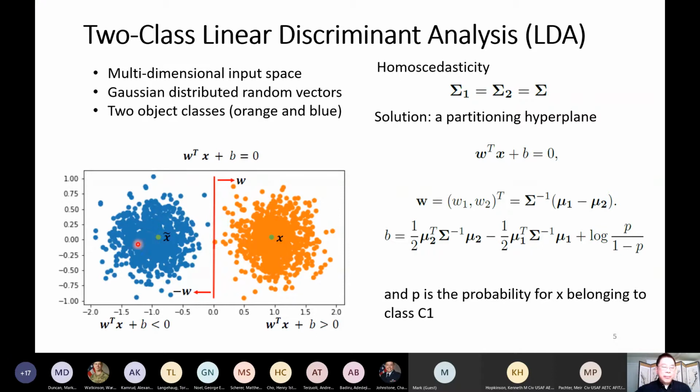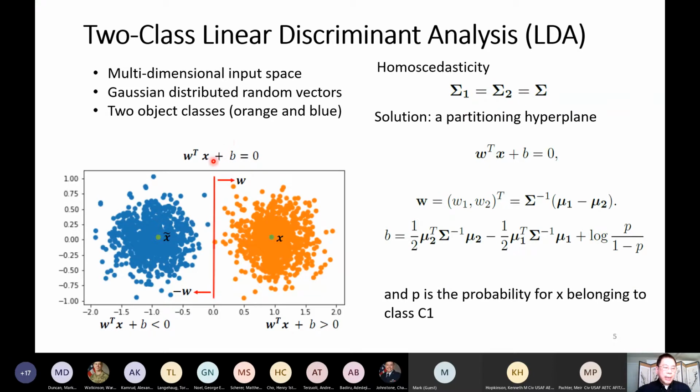There will be means, mu1 and mu2, and also a covariance matrix. If you want to get a theoretical result, you have to assume the two classes have the same covariance matrix. If this is satisfied, you are able to find an analytic solution for how to do the classification.